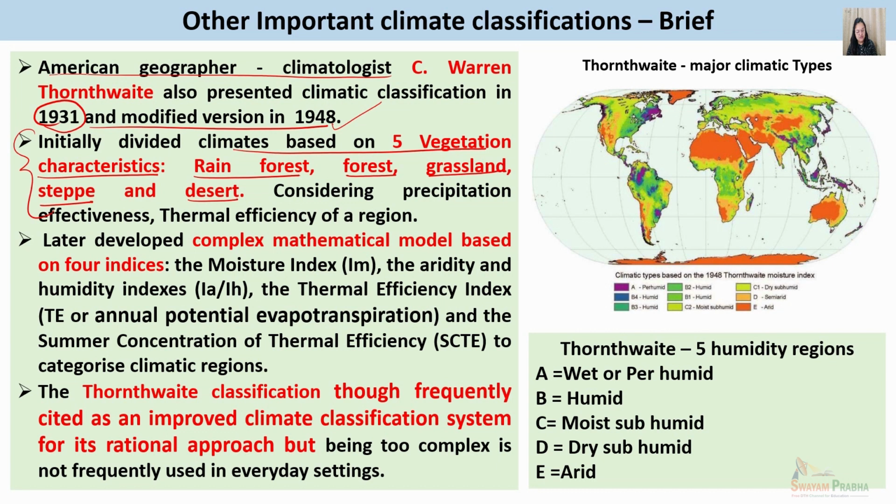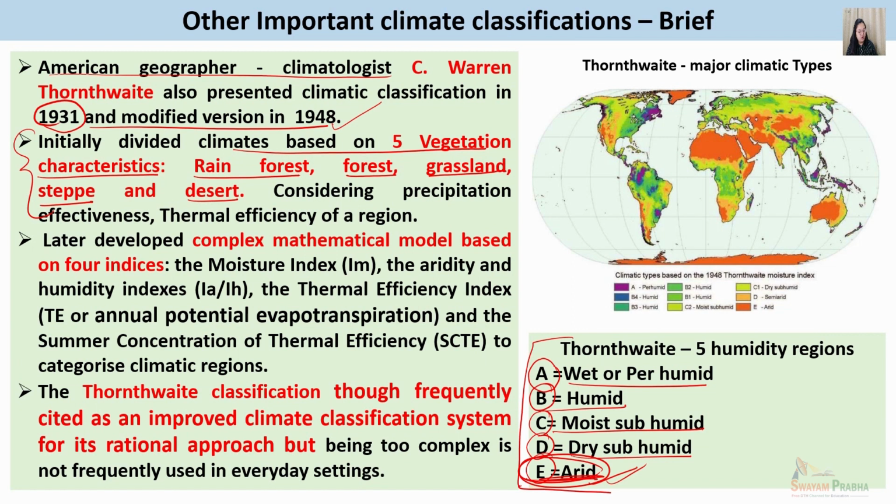Based on these 5 initial vegetation characteristics, he presented his climatic classification of the world and divided the world climate into 5 major categories: capital letters A, B, C, D, and E, just like Koppen, although the meaning of these symbols was entirely different from what Koppen presented, where A represented wet or perhumid climate, B humid climate, C moist subhumid climate, D dry subhumid climate, and E represented arid climate, unlike Koppen, who symbolized E for the polar type of climate.